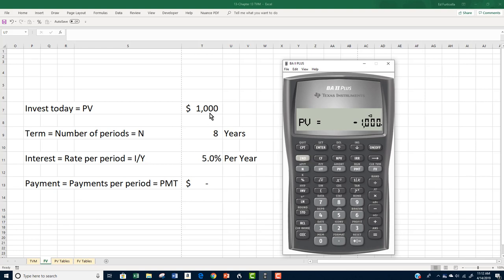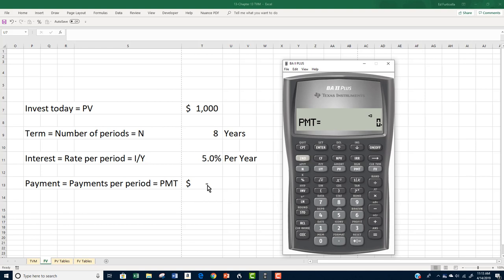Since the term is 8 years, you'll enter 8 and click N for the number of periods. When it comes to IY, you'll enter 5 and click IY for the interest rate. Remember, you never enter interest rates as a decimal, you enter them as a whole number. Next, enter 0 for payment, since there is no payment given.